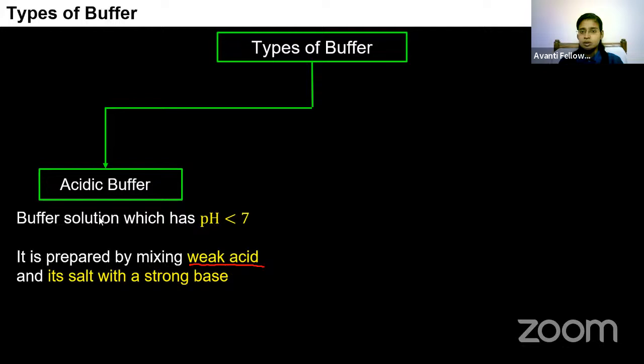Yesterday I asked you to remember the examples for weak acid, weak base, strong acid and strong base, right? So what is the example that I gave for weak acid? Can you guys tell me? Let me see who is remembering the concept. What is the example that we studied yesterday for weak acid?